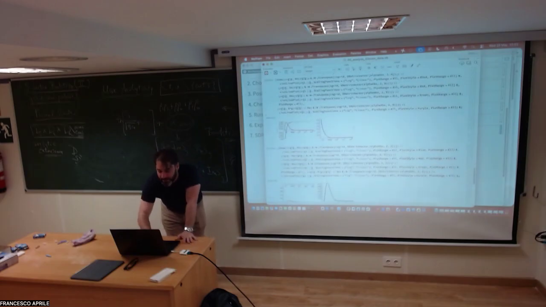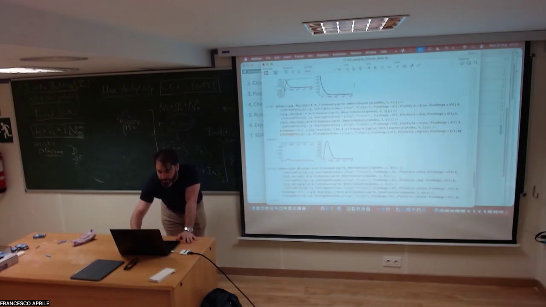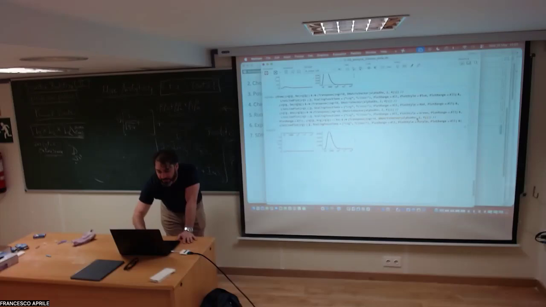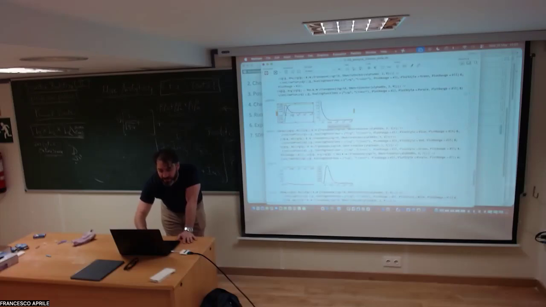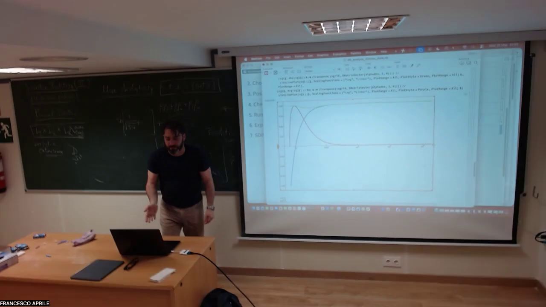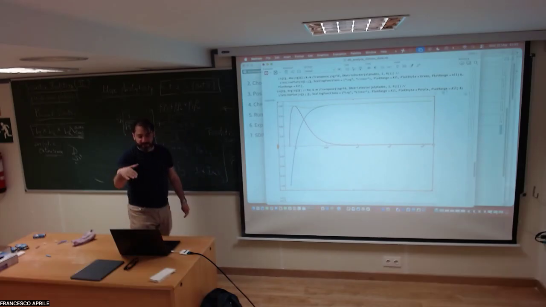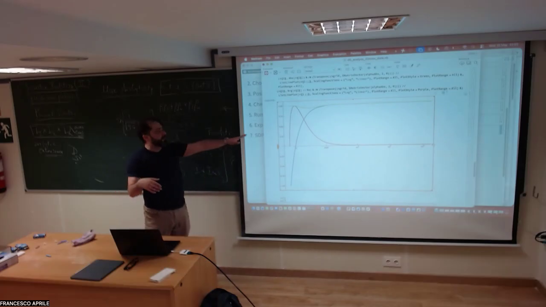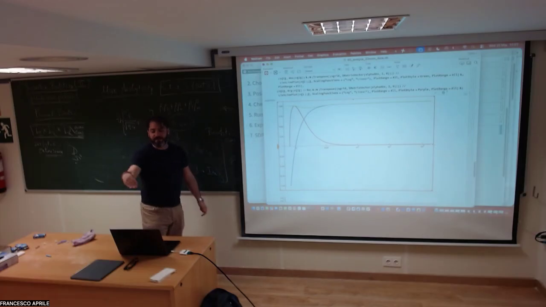That's it. Because then you can just plot the partial waves, and here you see that the green line is unitarity. So these are the S, J partial waves, and the green part is the unitarity bound we got before. Blue is the real part.